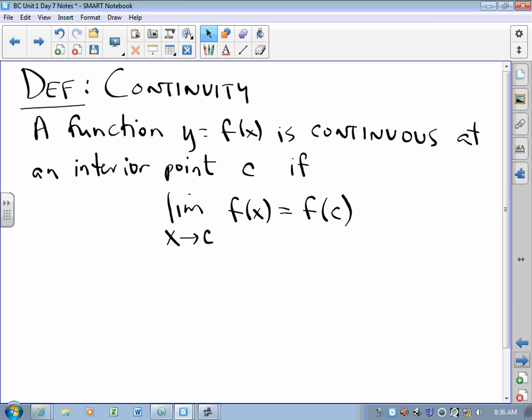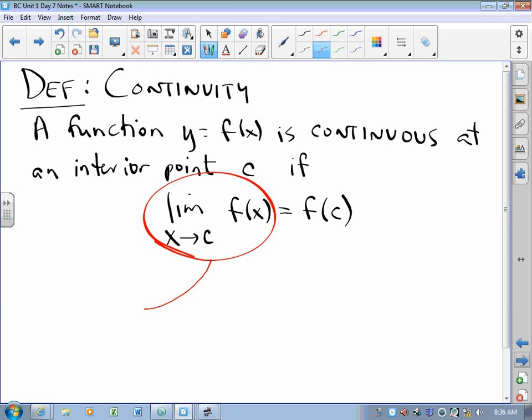In other words, this thing has to exist. You have to be able to say, okay, as I approach this particular x value, there is a limit. The function is getting closer and closer to some number. This has to exist.